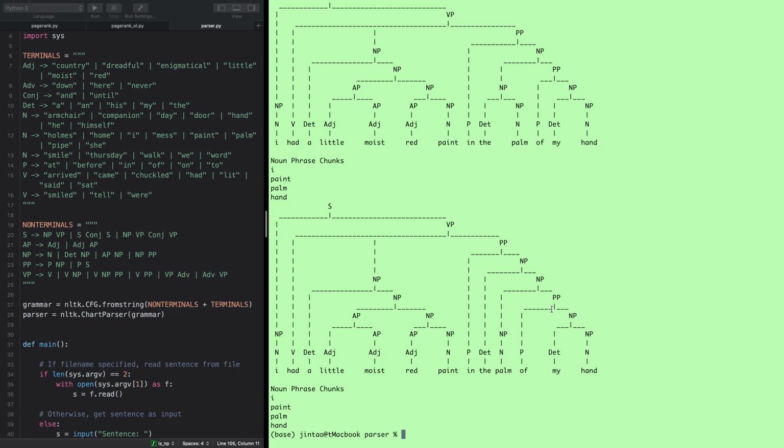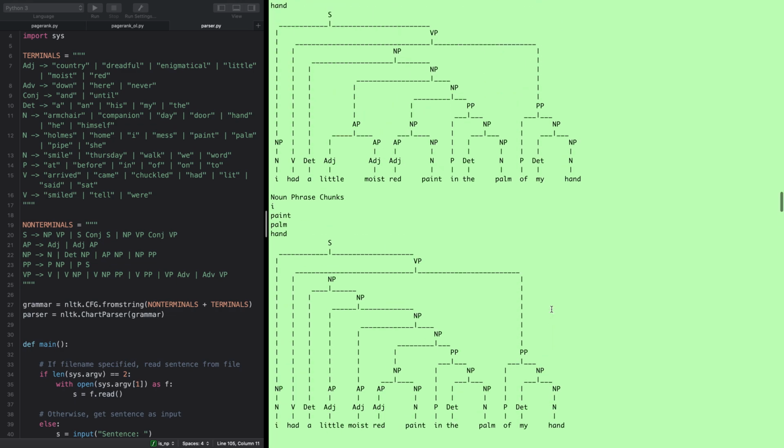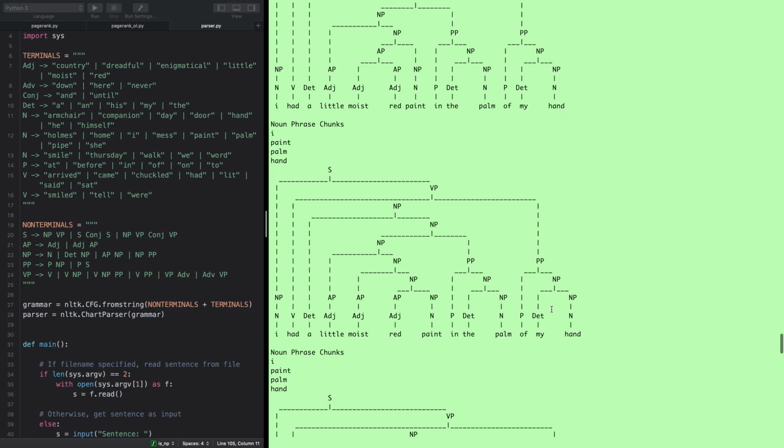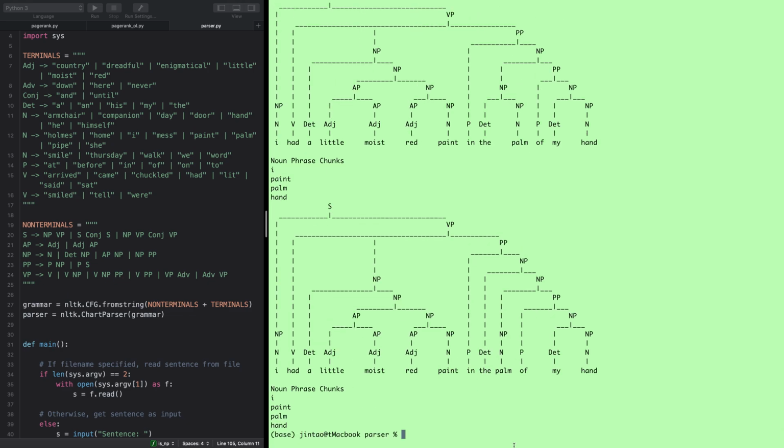So we can see this has many different explanations by the computer. Let's try to understand the sentence. I had a little moist red paint in the palm of my hand.